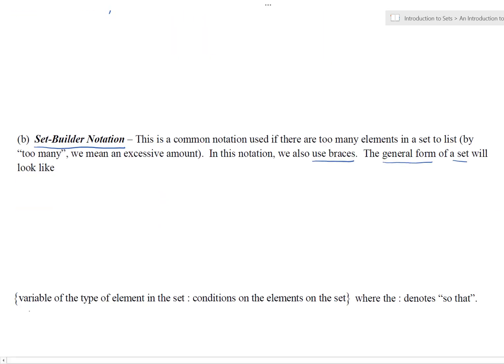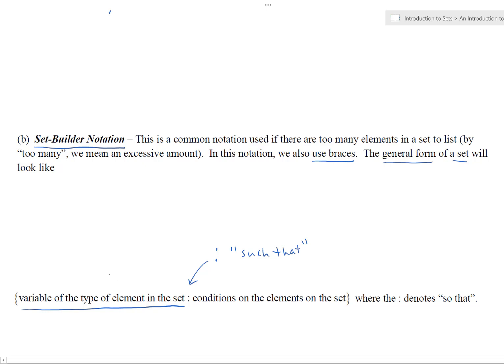So what does it say? At the very first part, you put what type of elements are in the set. Usually it's some variable, like all the x's that are in this set. And then you put a colon. The colon literally means "such that." So what's in the set?